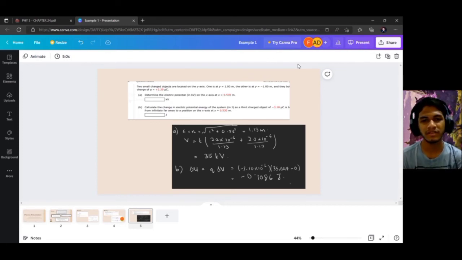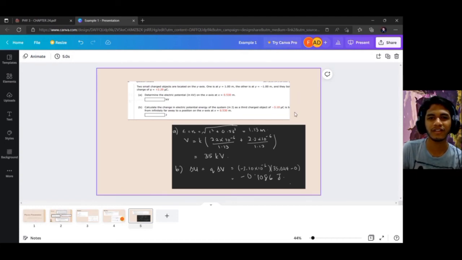The basic equation is V is equal to kQ over r plus kQ over r. But we need to find r, the distance between the charges and the point, so we need to find the hypotenuse.